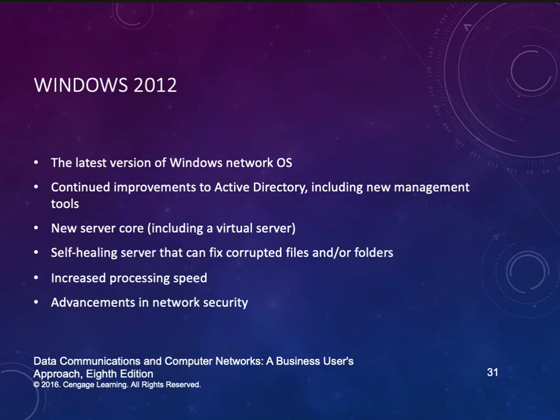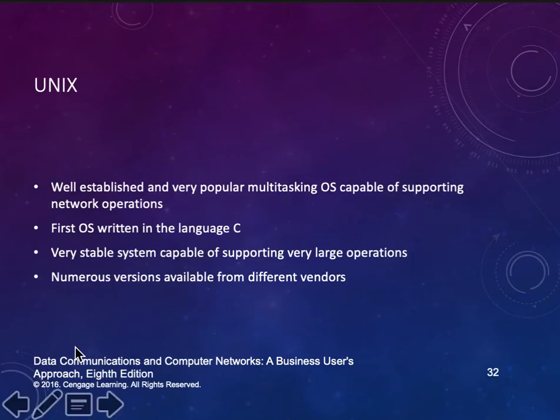Next, we have the Unix system. It's the first OS written in C. It supports multitasking and very large operations. Okay. These are basically more using coding or lines to be able to configure it.